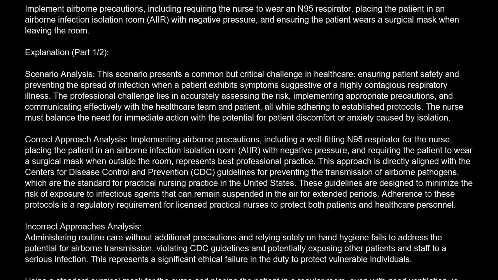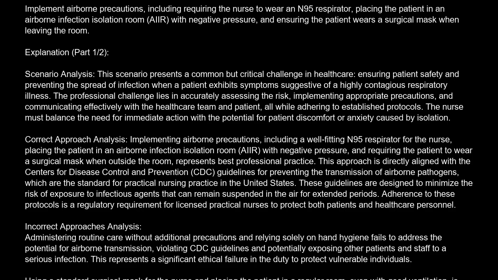The correct answer is A. Implement airborne precautions, including requiring the nurse to wear an N95 respirator, placing the patient in an airborne infection isolation room, AIIR, with negative pressure, and ensuring the patient wears a surgical mask when leaving the room. Explanation. Scenario analysis.